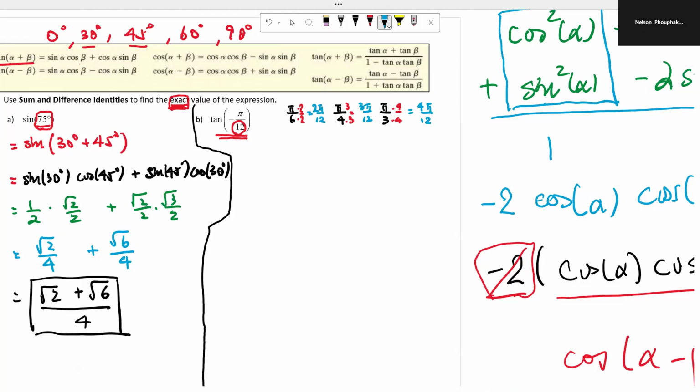Then, in order to get to negative pi over 12, what is the choice? I could work with pi over 6 minus pi over 4. The reason is 2 pi minus 3 pi gives me negative pi divided by 12, which is what we have here.